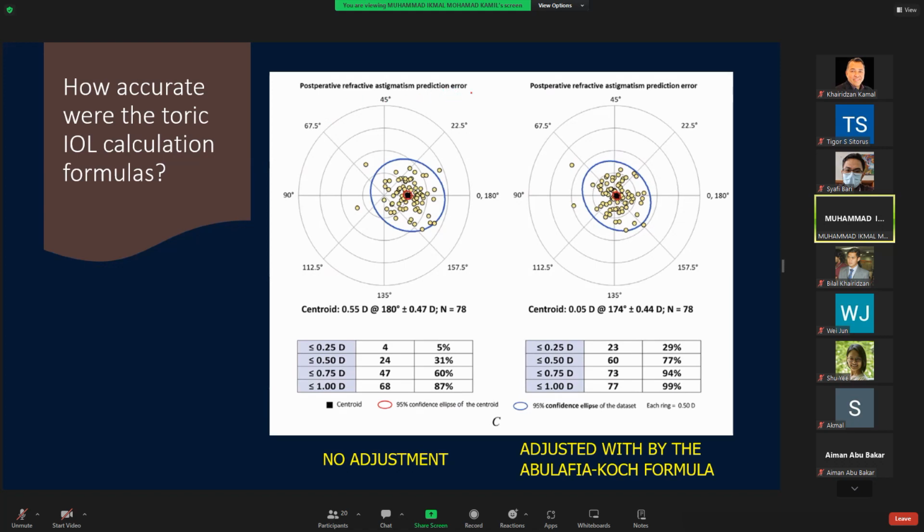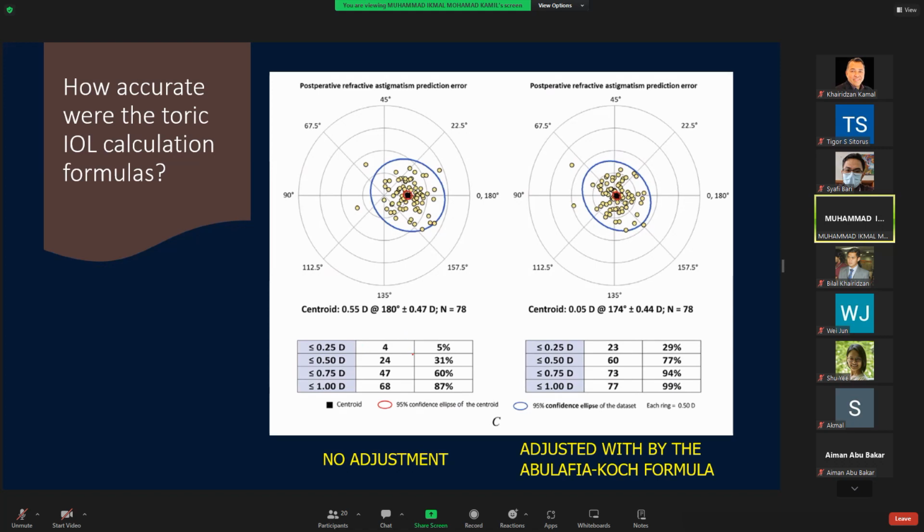So we need to calculate the prediction error and put it in the analysis. In this picture, the centroid is decentered a bit, and this is the 95% confidence interval. For this data set, the centroid is 0.55 diopter at 180 degrees.